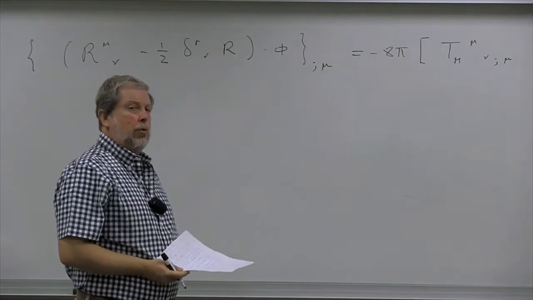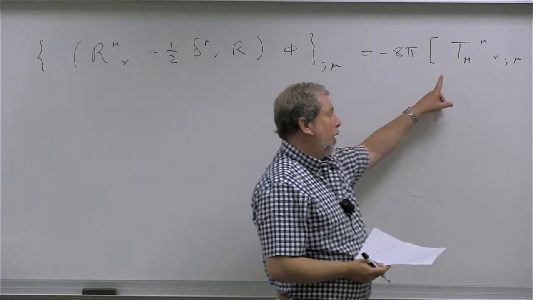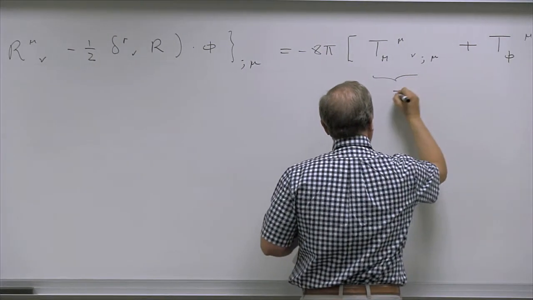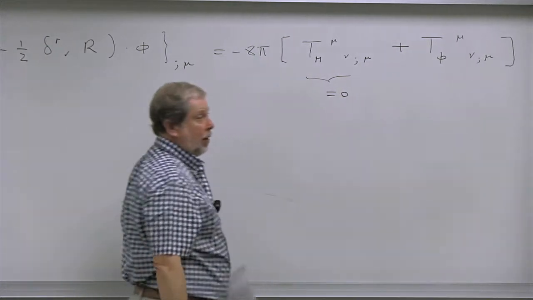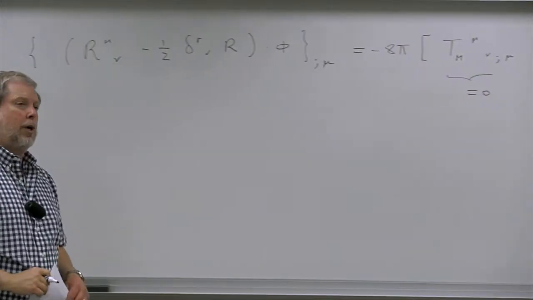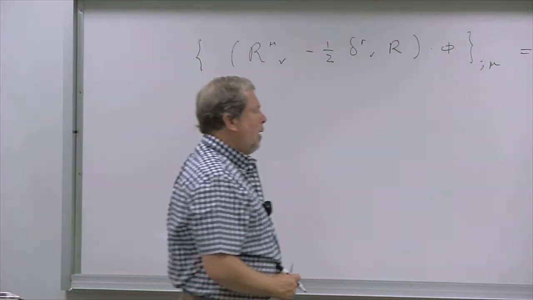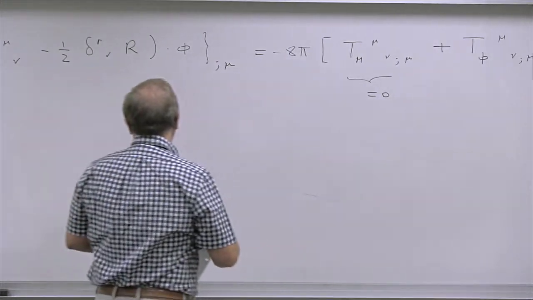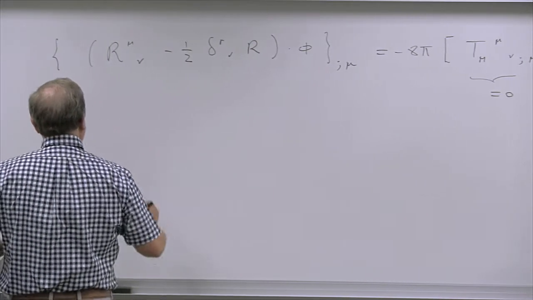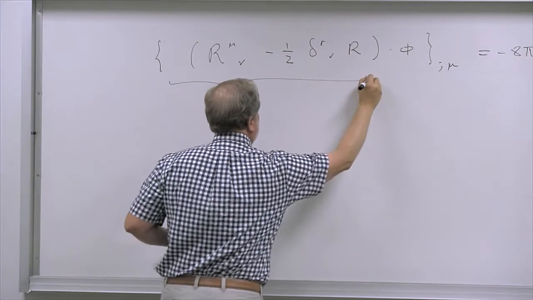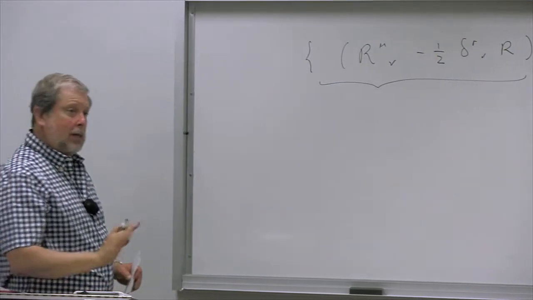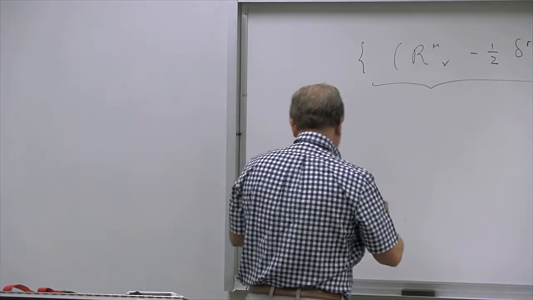Well, we do know a few things. We certainly do know that the matter contribution is going to be 0 because the energy momentum tensor for matter is supposed to be 0. So we're still going to require that the energy momentum tensor for matter is going to be 0. And the other thing that we do know is that this part here is the derivative of a product. Right? So the derivative of a product means that we take the derivative of each term individually.